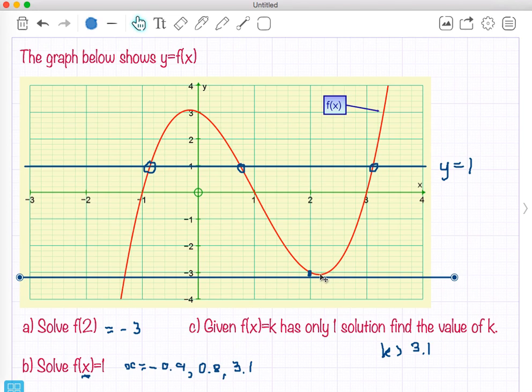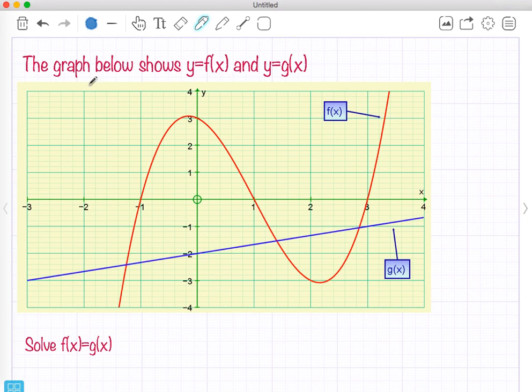So it's below the minimum point here, and the minimum point looks like -3.1. So I'm going to say k is below -3.1. So those are the 2 places for this k value. Quite a tough question.